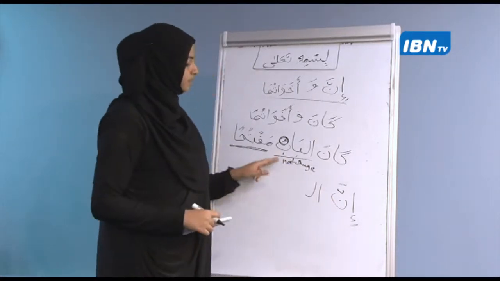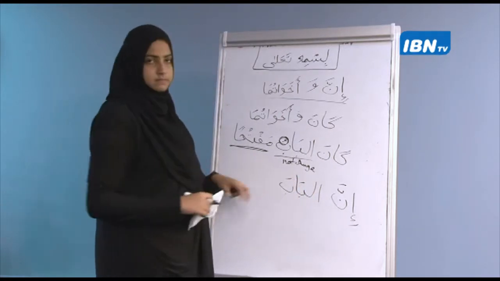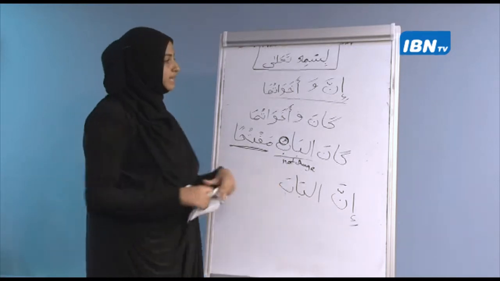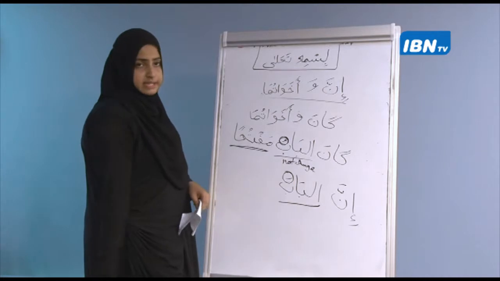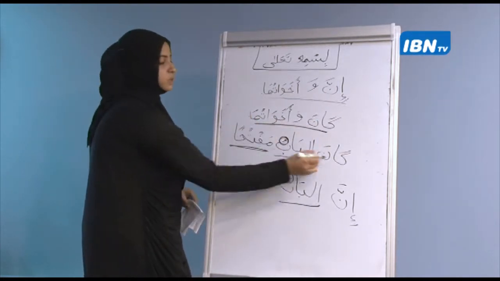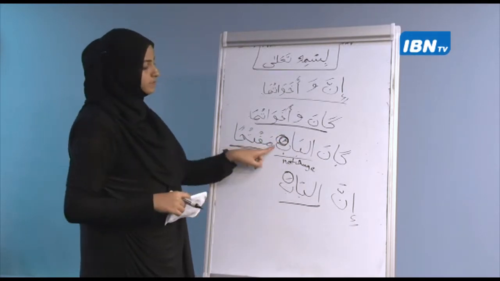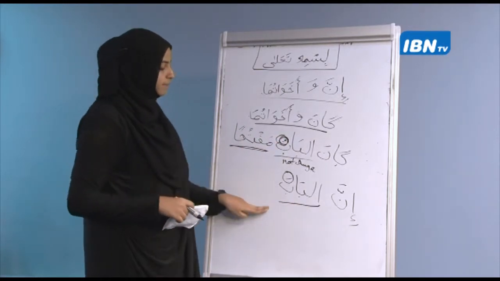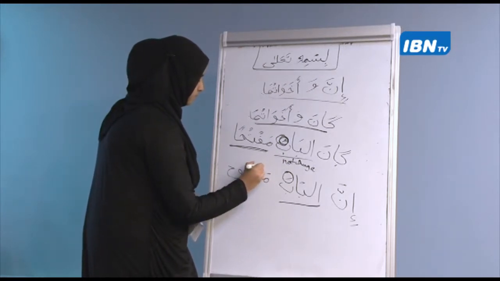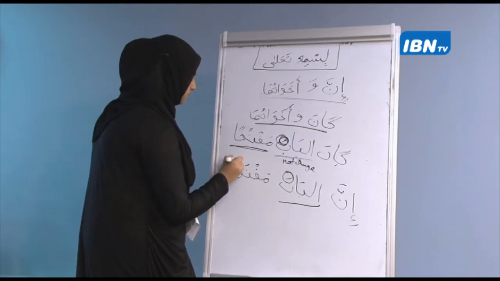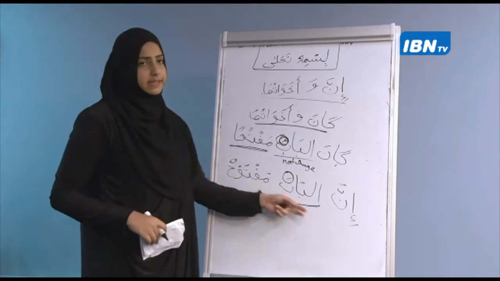So here, you will notice that it is baba. When it's inna wa akhawatuha, the subject will have an accusative. When it is kana wa akhawatuha, the subject will not change, it will remain the same, nominative. So look at the differences. So inna al-baba maftuhun. Inna al-baba maftuhun, meaning verily the door is open.